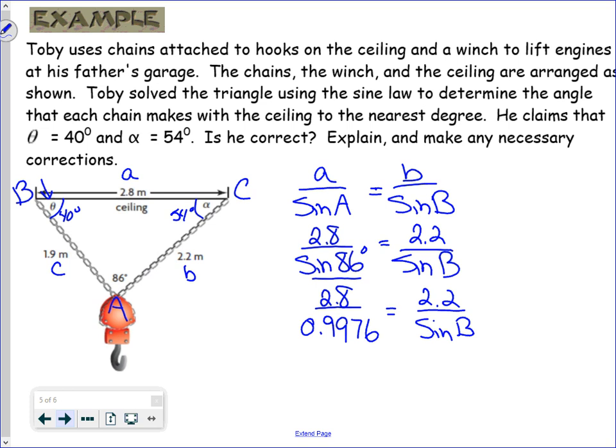I'm going to cross multiply. So we're going to start with 2.8 times sine B. And then I'm going to multiply 2.2 times 0.9976. And I will get 2.19472.